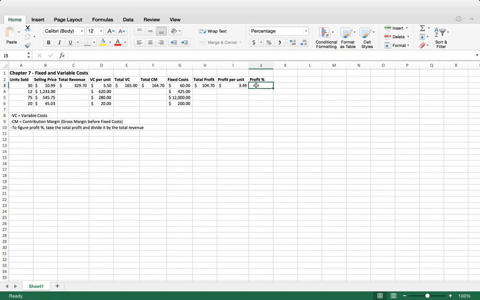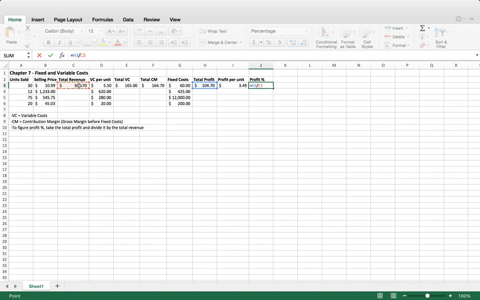And to figure out our overall profit margin, what we do is simply take the total revenue, well, actually the total profit first, and we divide that by the total revenue. So we're taking our profits, okay, out of 104.70, and we're dividing that into the total revenue in order to come up with what that percentage is.